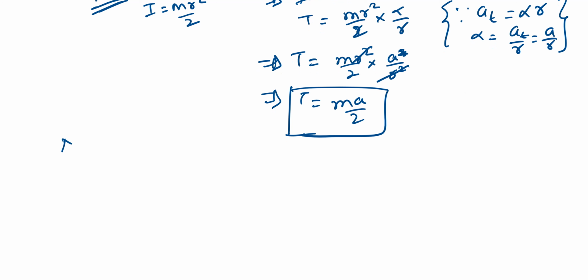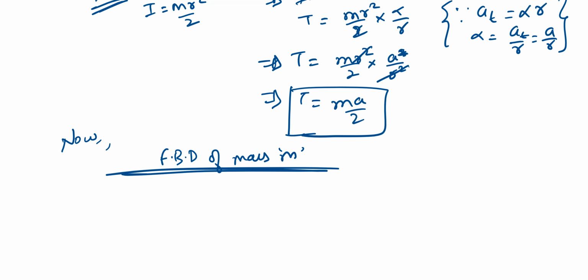Now, if we draw the FBD of mass m, let's see what would happen. We have this mass m. It is pulled up by the tension in the string, down by the gravitational force mg, and it is going down with an acceleration a. Using the second law of motion, mg minus T, the net force in the downward direction, is equal to mass into acceleration in the downward direction.